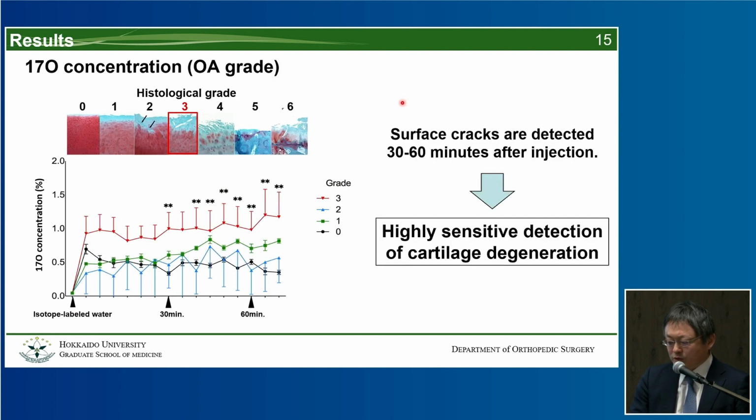This plot shows the average of the 17O concentration for each grade of cartilage evaluation. After 30 minutes post-injection, there was a significant increase in concentration in areas with cartilage damage grade 3, which is characterized by the presence of surface cracks in the surface layer.